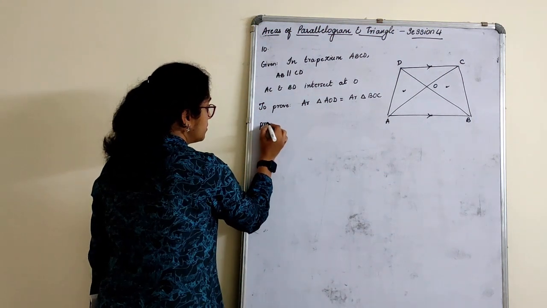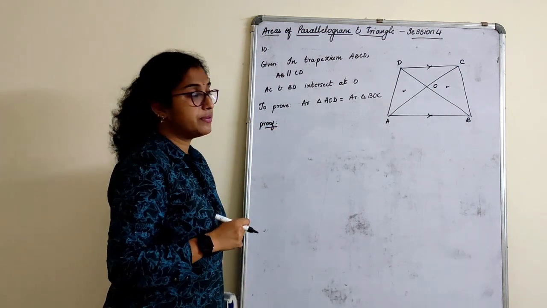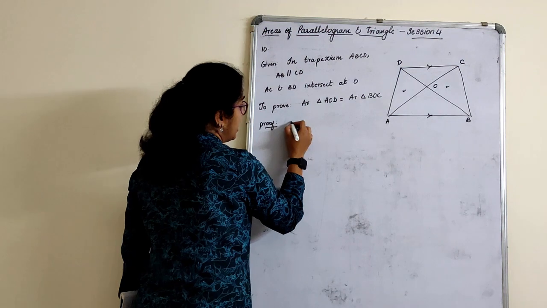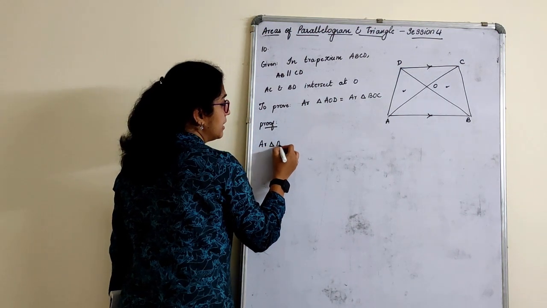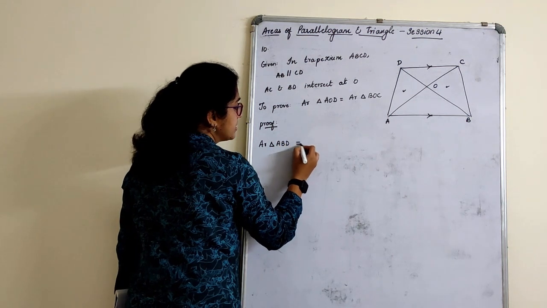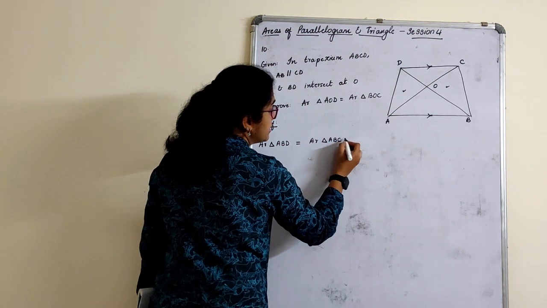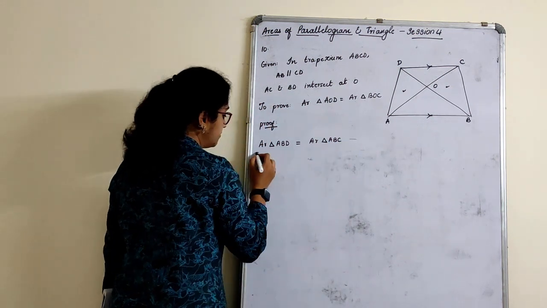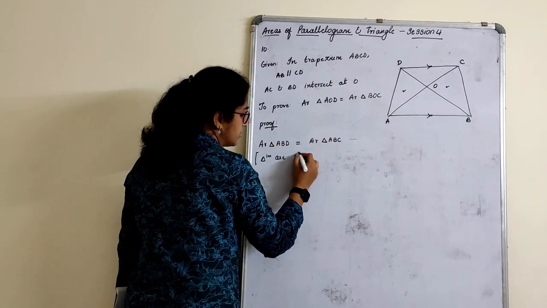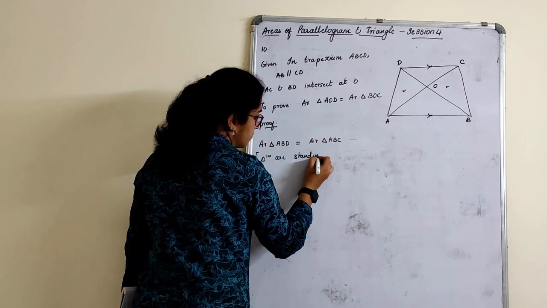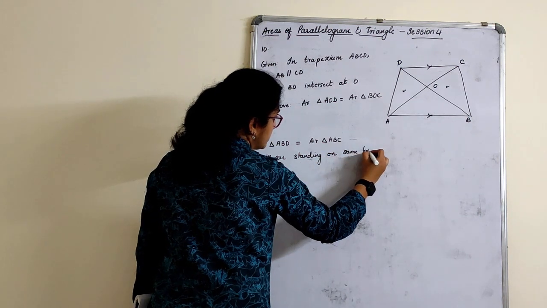Proof. Now, can you see any two triangles if they are standing on the same base and between same parallels here? Yes. I can tell directly now. Area of triangle ABD is equal to area of triangle ABC. Reason I will write here. Triangles are standing on same base.